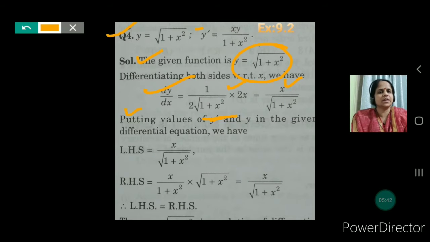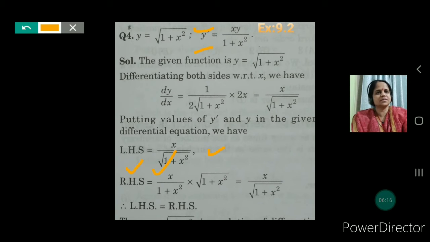Now putting the values of y dash and y in the given differential equation, LHS is equal to x by root 1 plus x square, which is the value of y dash. And RHS is xy upon 1 plus x square.